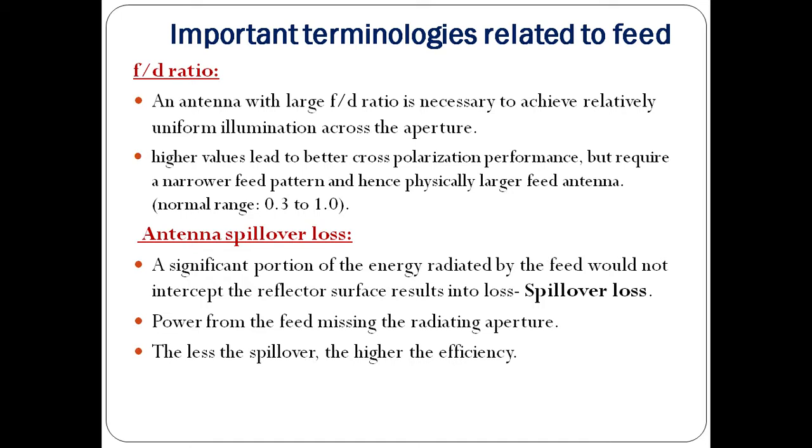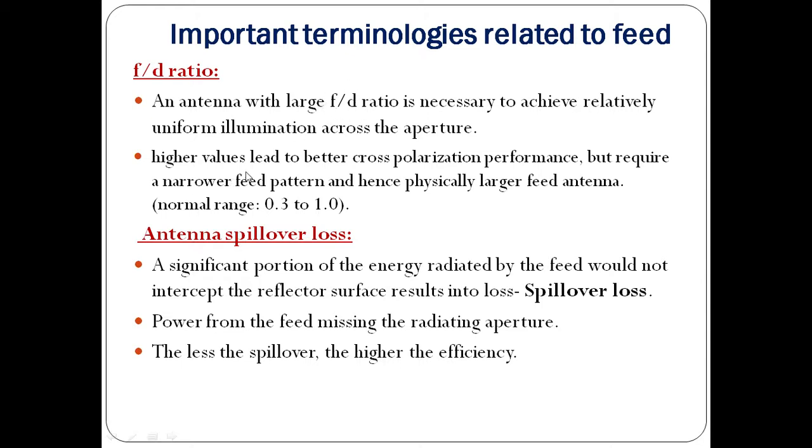What happens if I increase the value of F/D? An antenna with a large F/D ratio is very necessary to achieve relatively uniform illumination across the aperture. If you are expecting uniform illumination across the aperture, then choose the larger value of F/D.